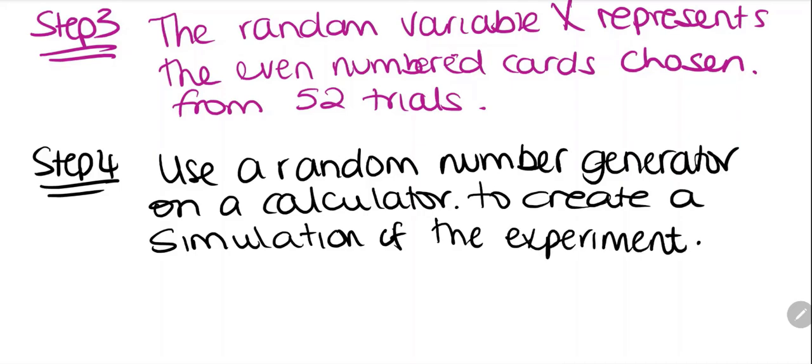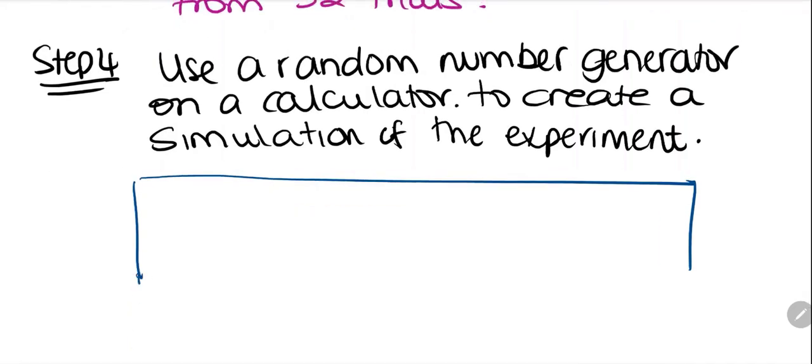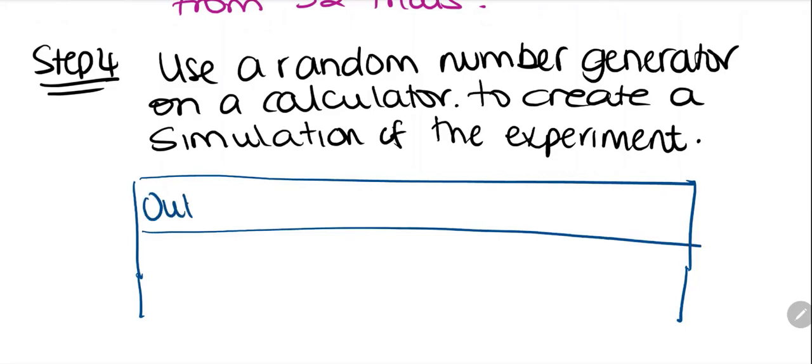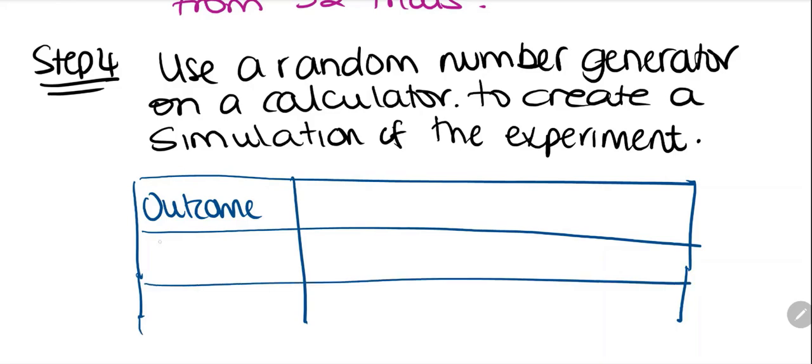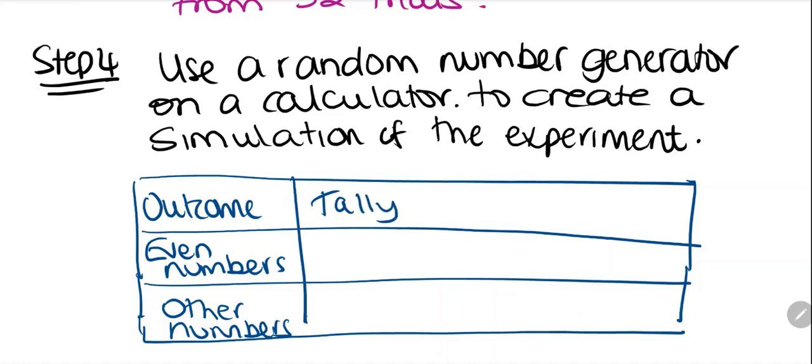To do that, we're going to do a table, and we're going to do a tally chart. So this is our outcome: our even numbers, and this is going to be if we have the other numbers that are not even. So we need to create a tally, and then we can work out our frequency.